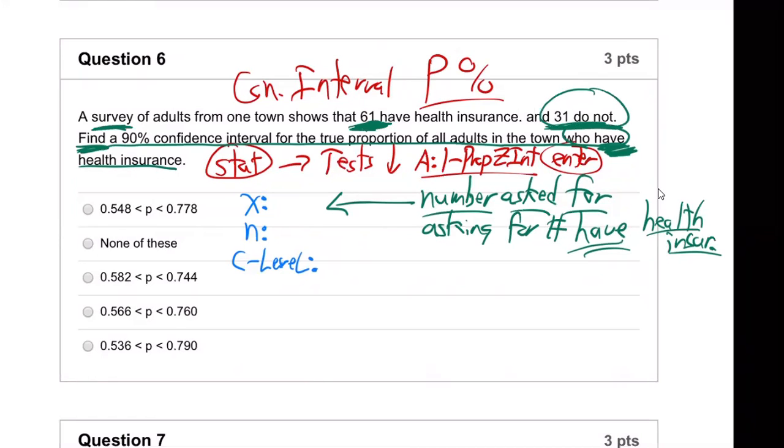So what are we supposed to put here for X? Whatever's being asked for. What's being asked for? The number who have health insurance. So the number that have health insurance equals what? How do we find that out?